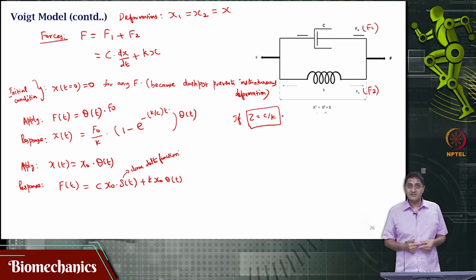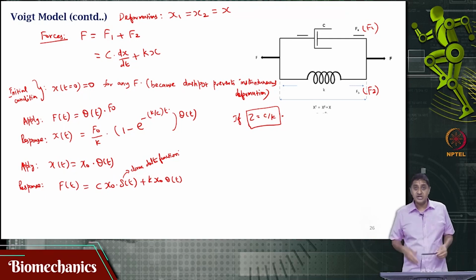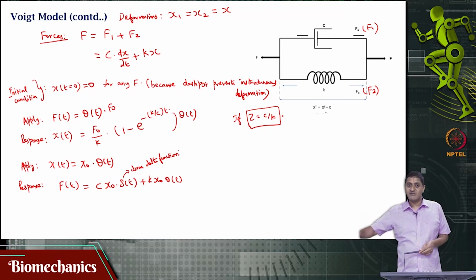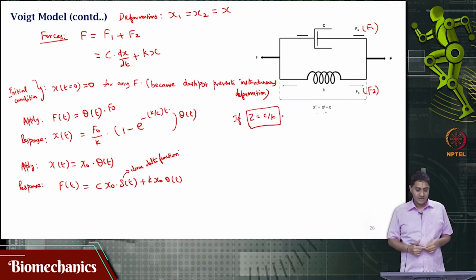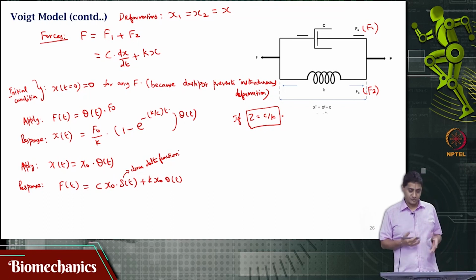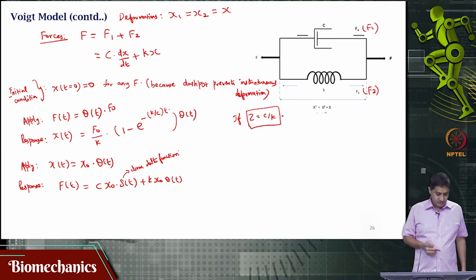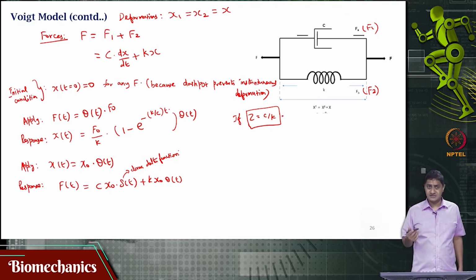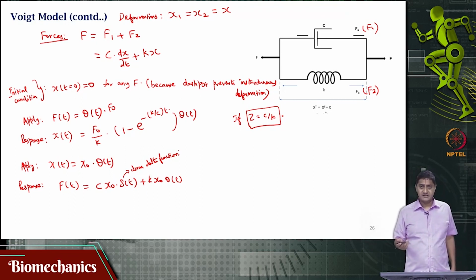So initially there will be a sudden increase in force, which then decreases and becomes the step function according to the applied deformation. This is the expected stress or force. Of course, I request you to please check this mathematics by substitution. These formulations are correct, but please do check for your own understanding, okay.